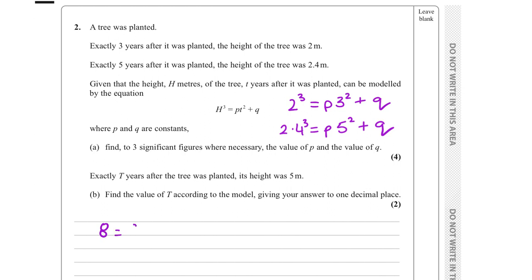So 8 equals 9p plus q, and we're going to have, I don't know what 2.4 cubed is. 2.4 cubed. It's 13.824. Yep, 13.824 equals 25p plus q. So I am going to take them away from each other. I'm going to do 2 take away 1.